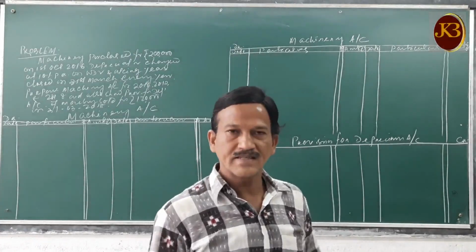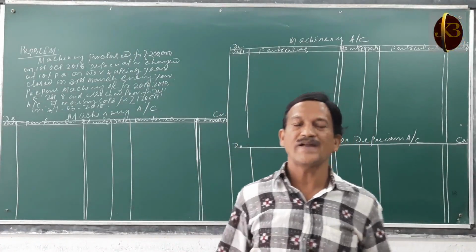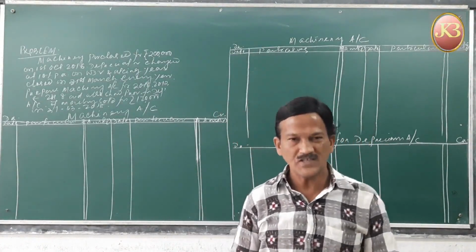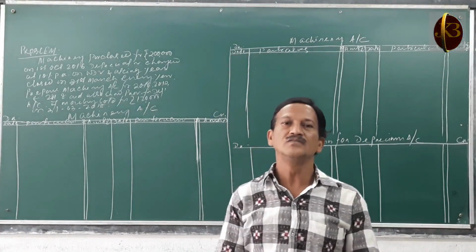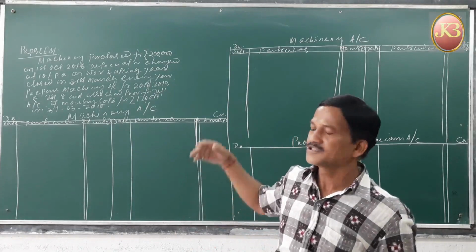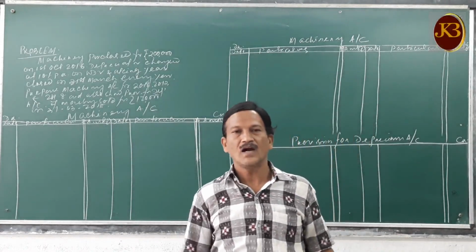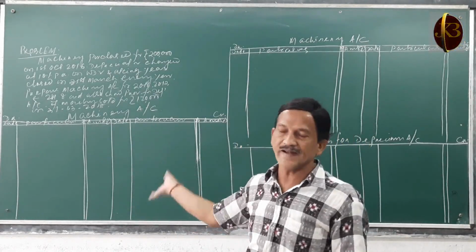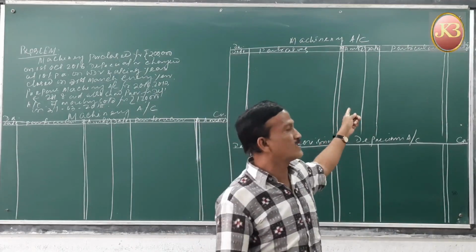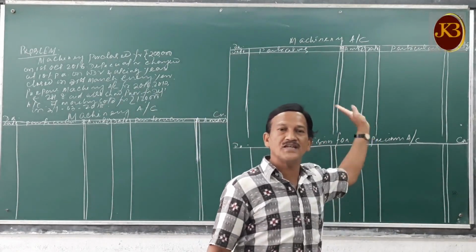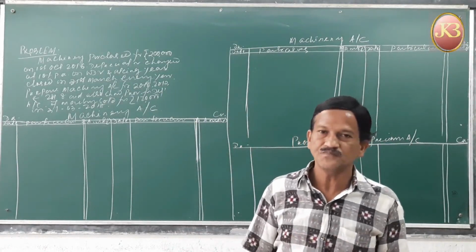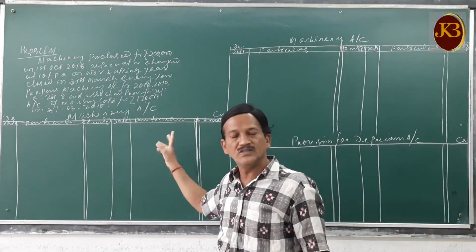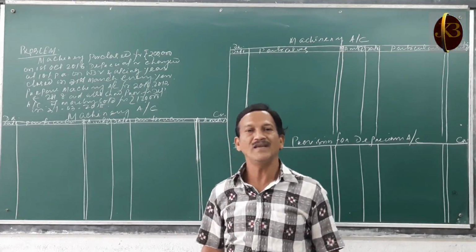As we are discussing practical problems on depreciation, the first problem I showed was on the straight line method, how it shows in the machinery account and how it appears in the provision for depreciation as well as machinery account. The same problem we are continuing with the written down value method.